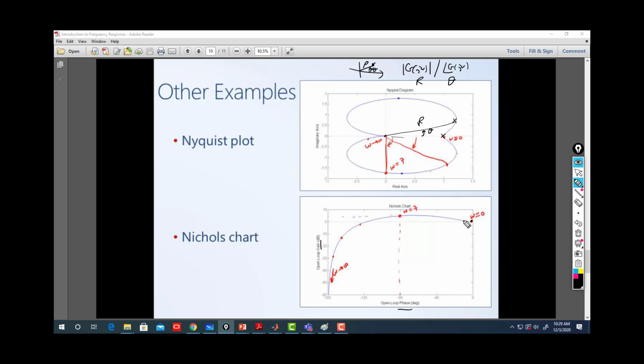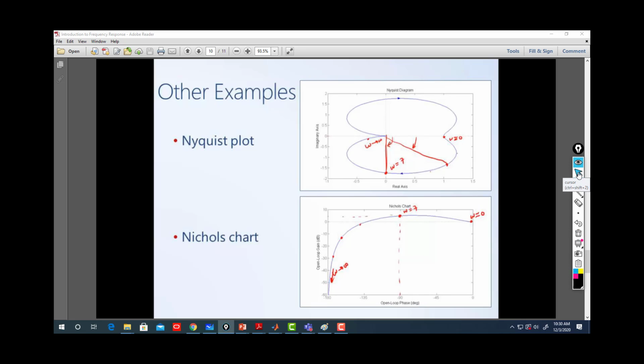At another omega, keep increasing omega, and at each omega they record the phase and the gain. So it's basically a Bode plot, but on one plot instead of two plots. And this is what we call Nichols.